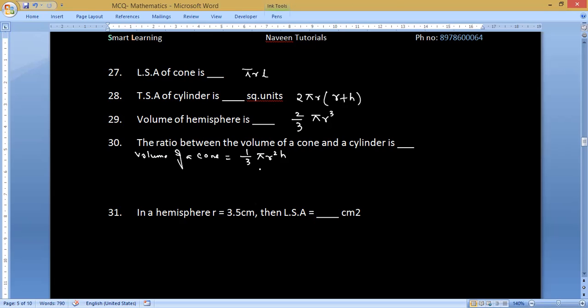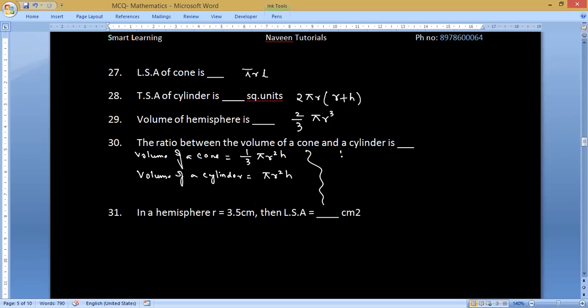Now we have to write the volume of a cylinder. Volume of a cylinder is pi r square h. Our question is the ratio between the volume of a cone and cylinder.